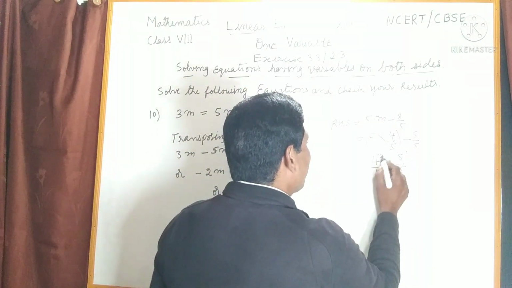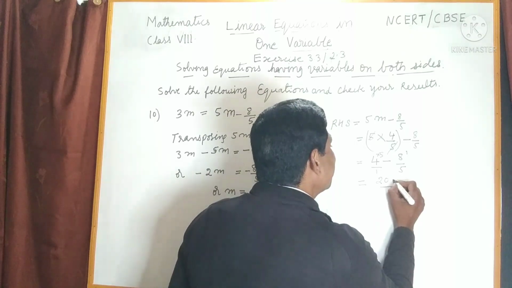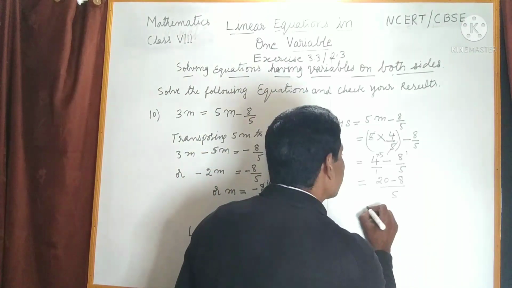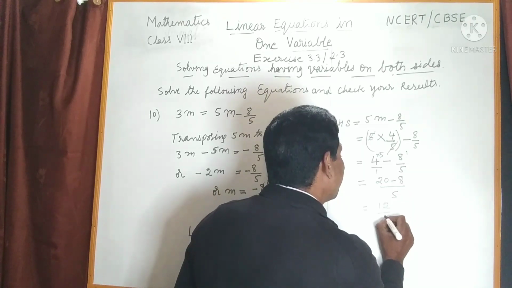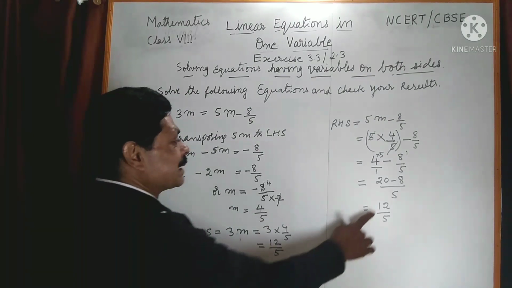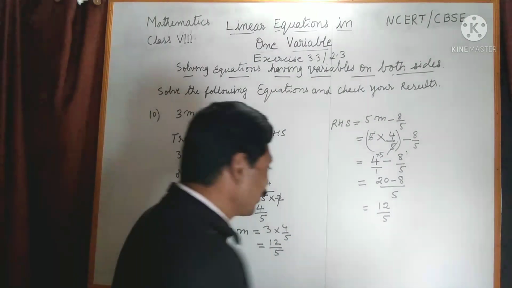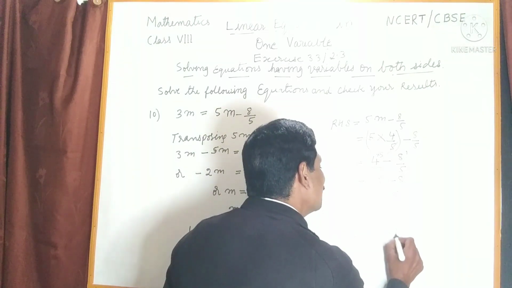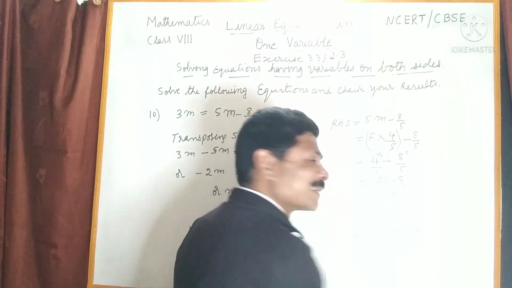So that 5 times 4 is 20 minus 8 is equal to 12 by 5. Here LHS is 12 by 5, RHS is also 12 by 5. Therefore, LHS is equal to RHS.